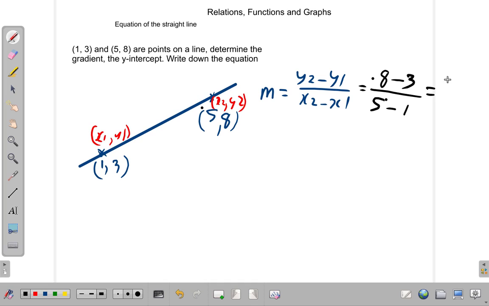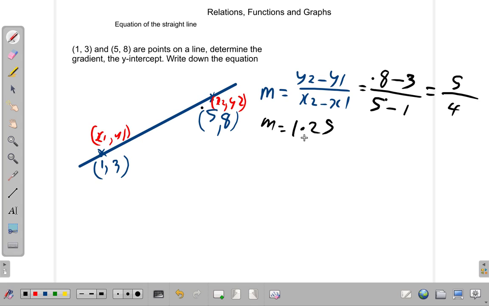So 8 minus 3 is 5, and 5 minus 1 is 4. So the gradient is 5 divided by 4, which is the same as 1 and a quarter, 1.25. So that's the gradient of the line, right?